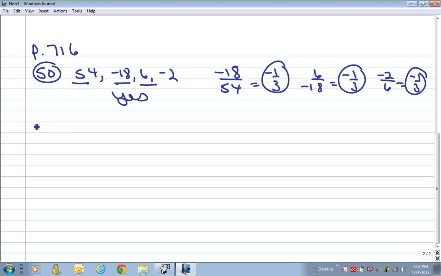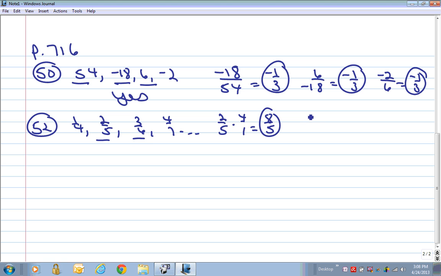All right, let's take a look at 52. For 52, we have 1/4, 2 fifths, 3 sixths, and 4 sevenths, and of course this would continue on. Same premise. We're going to take the second term, which is 2 fifths. We're dividing by 1/4, which means we're multiplying by 4/1, which is going to give us 8 fifths.